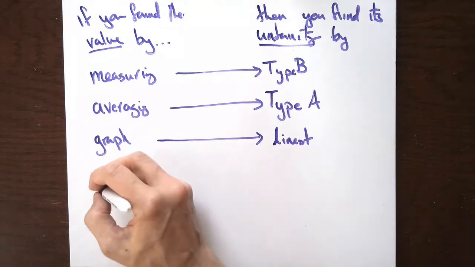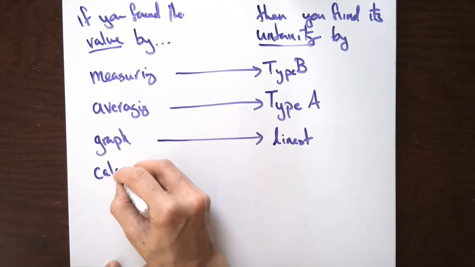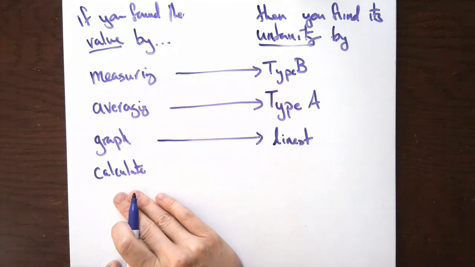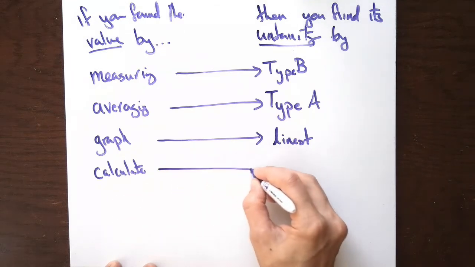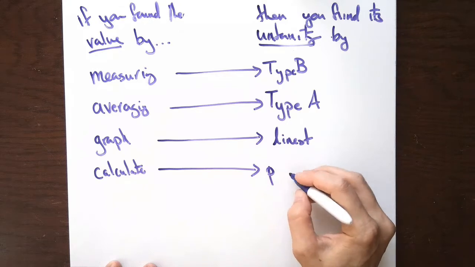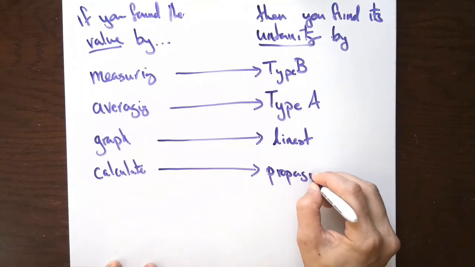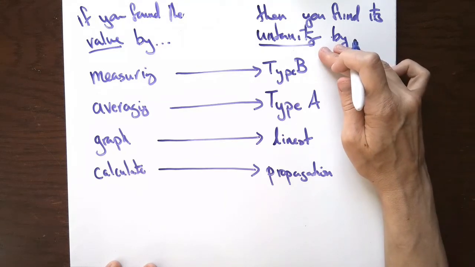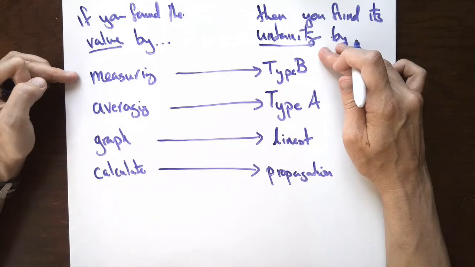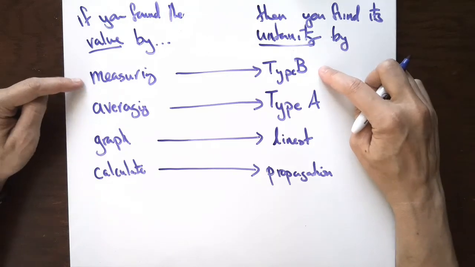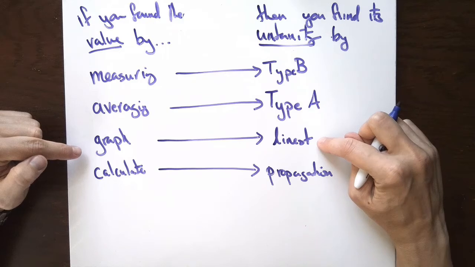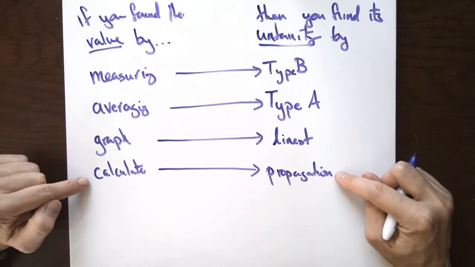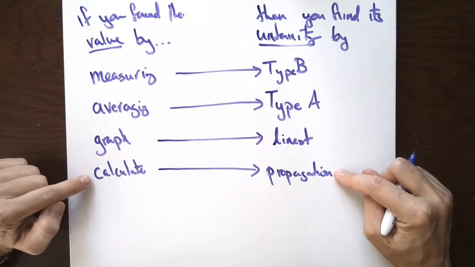And then finally today, if you calculate the value, so for example, you measure time and distance and you're interested in the velocity, then you do what is called propagation to find the uncertainty. So what the correct method is to find the uncertainty is always going to depend on how you got the value. So type B for measuring, type A for averaging, some kind of statistics fitting program like line estimation if you graph it, and then propagation if you're doing a calculation to get the value.